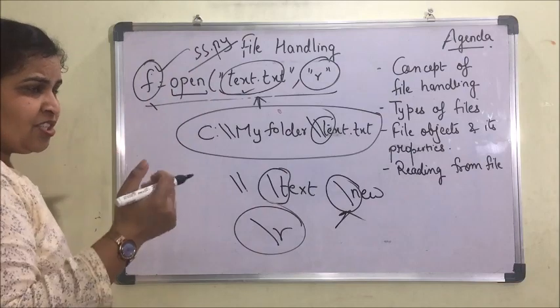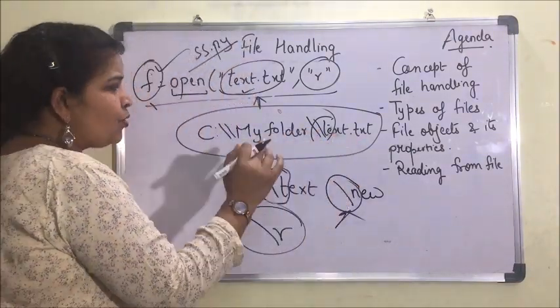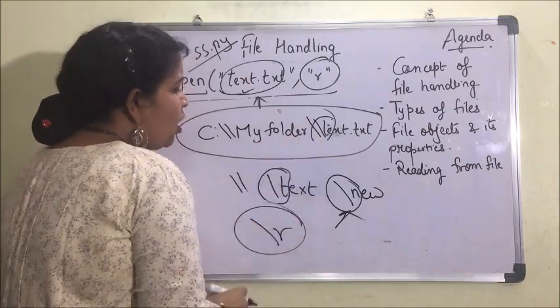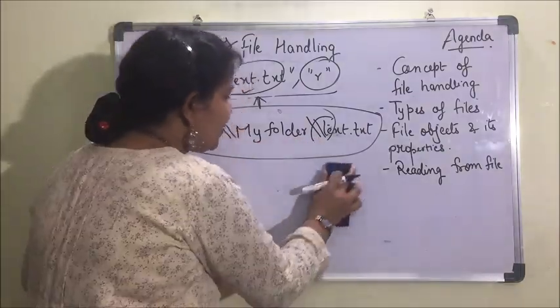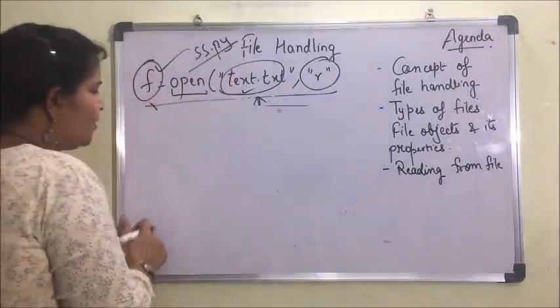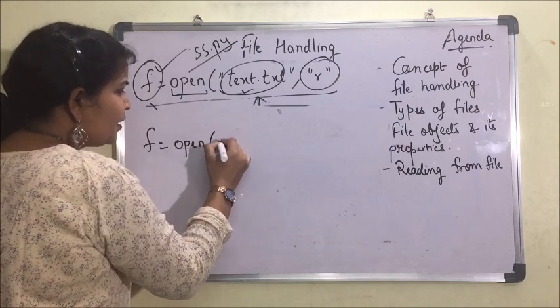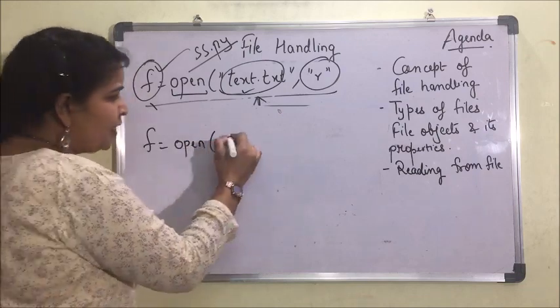So it may generate an error, or it will not be able to identify the location. So we have to use a double backslash, or if you don't want to use a backslash, when you are opening a file, you have to write open, then r. The r means raw data.